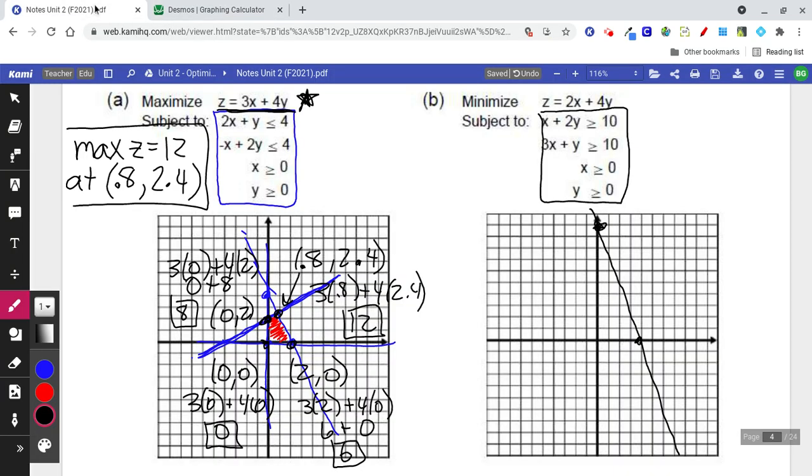Okay, again, I don't really care about these points as far as being my corner points. I'm just trying to graph the line. That's a little bit better.